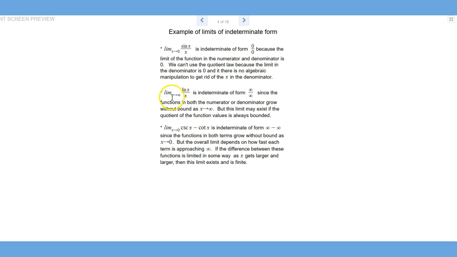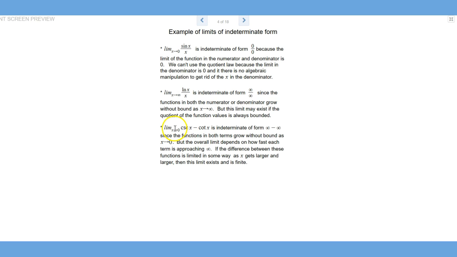This limit as x goes to infinity of ln of x over x is of the form infinity over infinity, because ln of x is growing without bound as x grows without bound, and so is that denominator. But we don't necessarily know that this limit's not defined, even though it's of this indeterminate form, because depending on how these functions in the numerator and denominator behave relative to each other as x goes to infinity, that's what really determines the ultimate result.